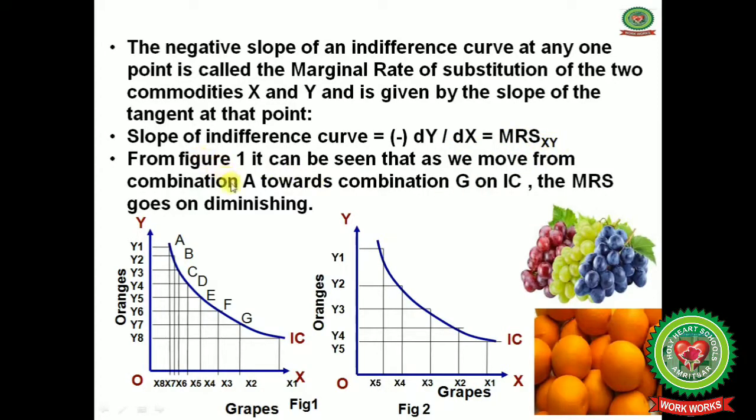From the figure, first, it can be seen that as we move from combination A towards G on the IC curve, the marginal rate goes on diminishing. That means by decreasing the quantity of oranges, we can increase the quantity of grapes.